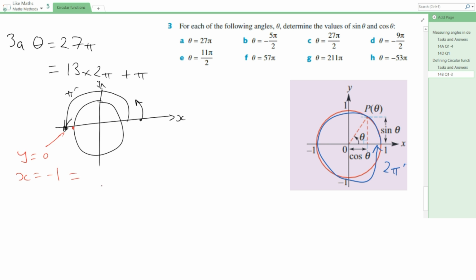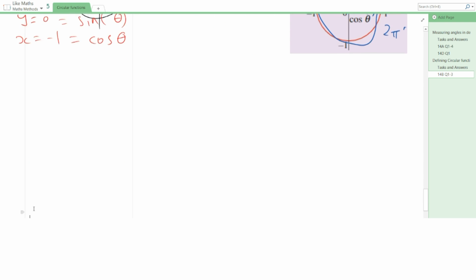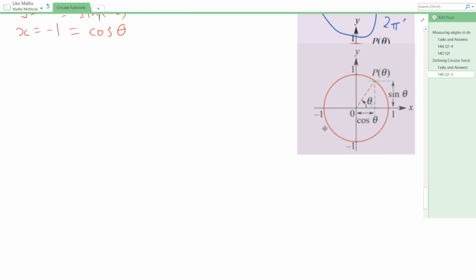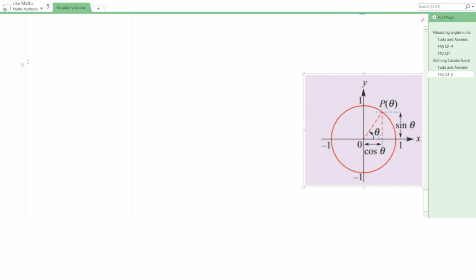And we know from sine and cosine that x is given by the cosine of the angle and y by the sine of the angle. Scrolling down.